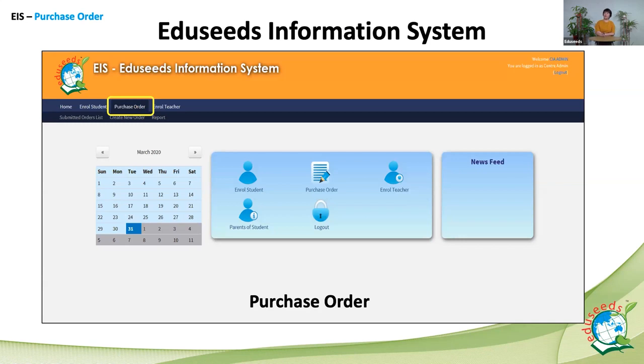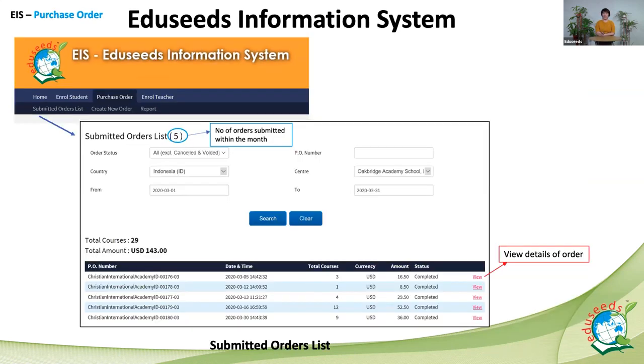Under the purchase, once you click into the purchase order, this is the page that you can see. The submitted order list means that you see there is a number 5. This shows the number of orders that have been submitted within the month.